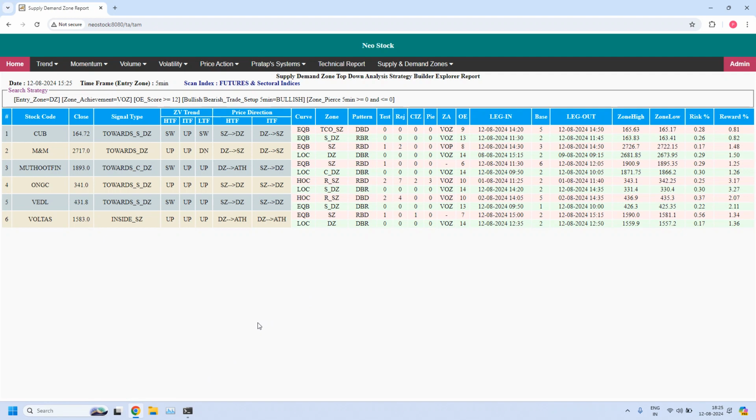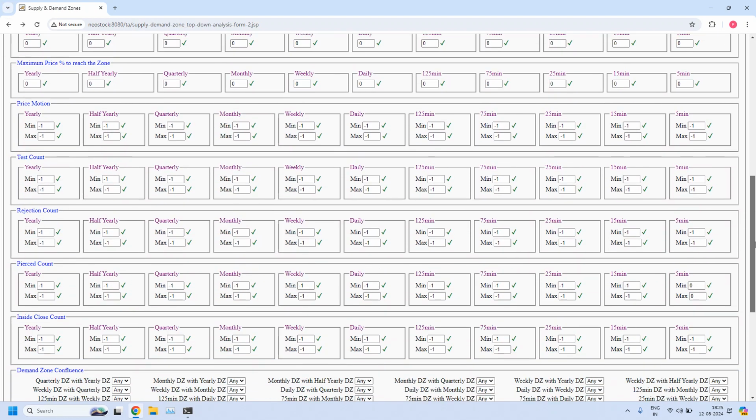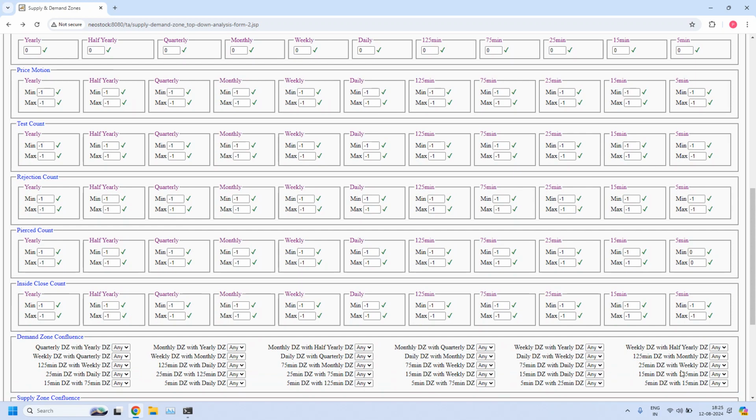Always trading on 5 minutes demand zone is quite dangerous unless it is a high liquidity zone. It's always better to look for ITF confluence, at least minimum. So 5 minutes and 15 minutes demand zone confluence enabled.